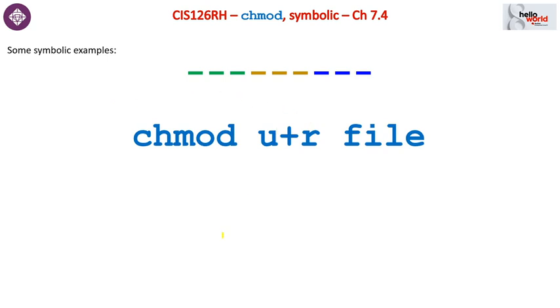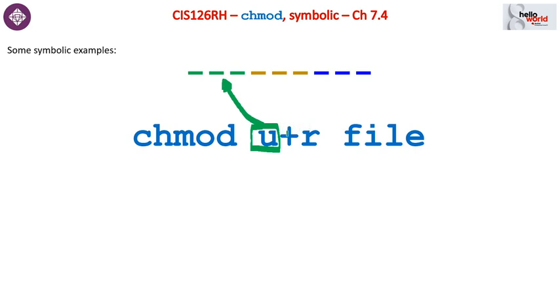So remember that the user is going to be this first chunk. So whatever we're doing here is not going to impact this or this. And then remember that these are always in order. Read, write, execute, read, write, execute, read, write, execute.